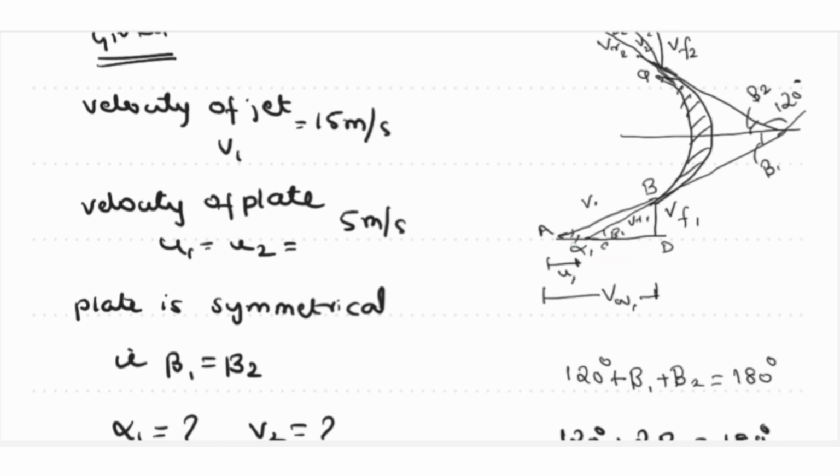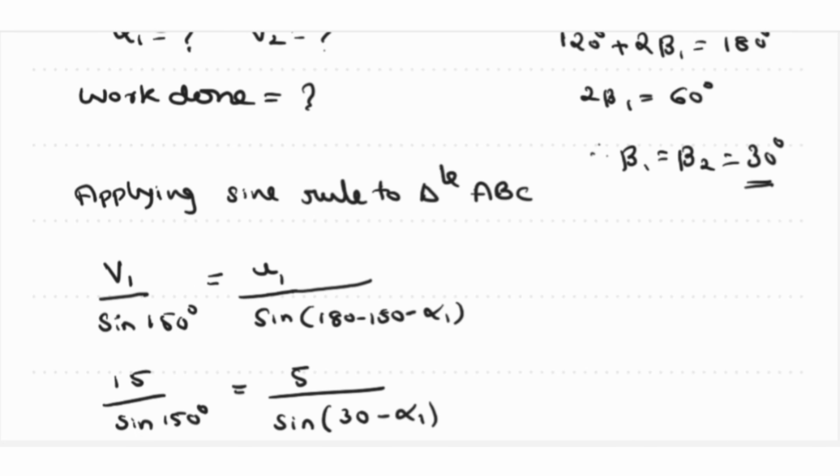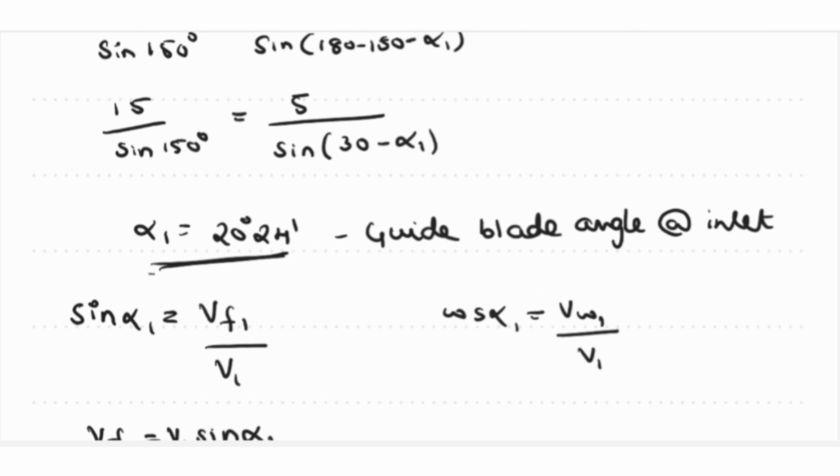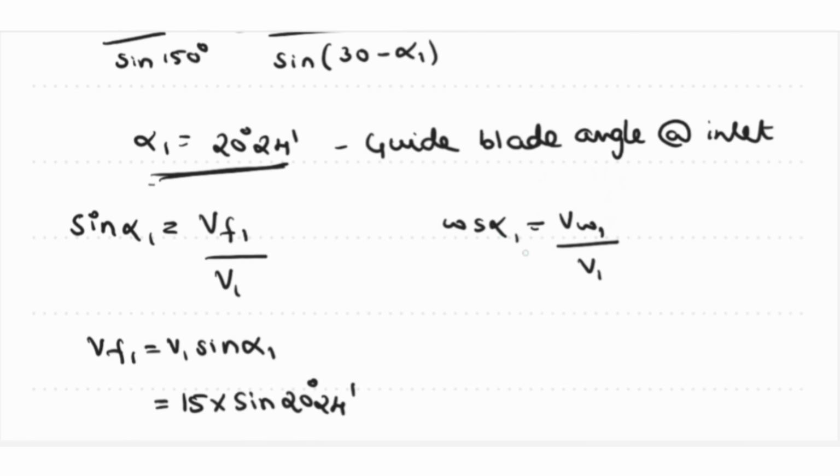Similarly we apply cos alpha 1 to this triangle. So cos alpha 1 is equal to VW1, the adjacent side, divided by V1. So VW1 is equal to V1 into cos of alpha 1.